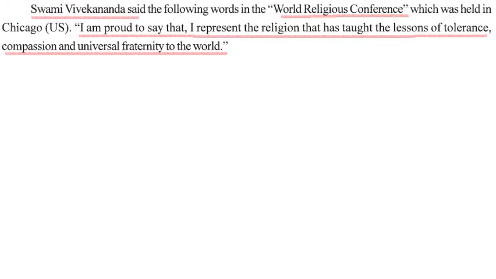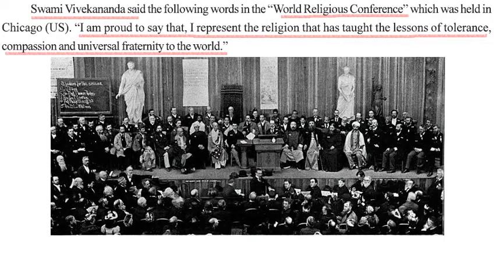Swami Vivekananda said the following words in the World Religious Conference, which was held in Chicago, US. He said that I am proud to say that I represent the religion that has taught the lessons of tolerance, compassion, and universal fraternity to the world. So, this is a very important sentence.